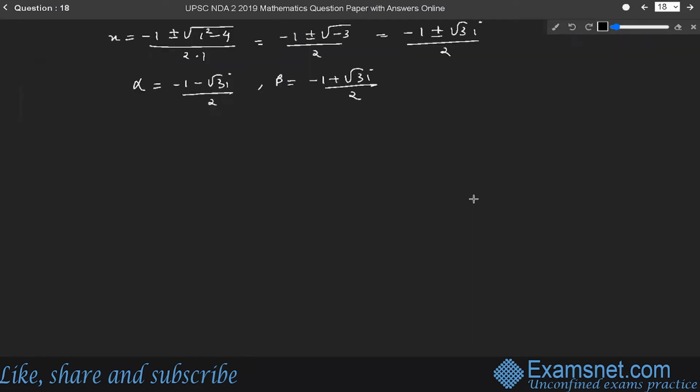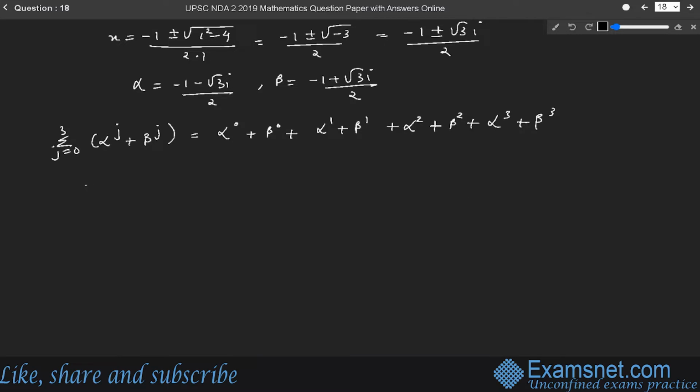We have to find the value for summation of j is equal to 0 to 3 alpha power j plus beta power j. It can be written as alpha power 0 plus beta power 0 plus alpha power 1 plus beta power 1 plus alpha square plus beta square plus alpha cube plus beta cube.